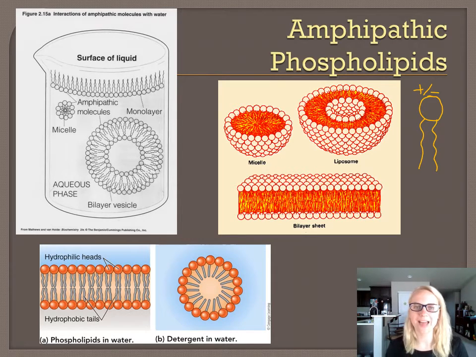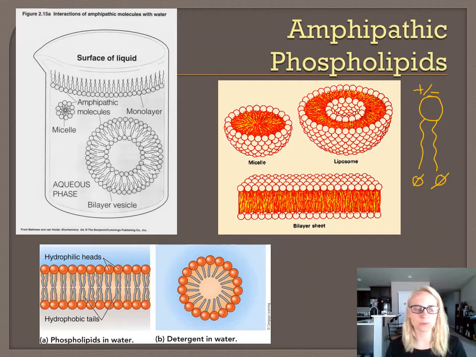And so that makes that end of the molecule polar. Whereas the fatty acids are nonpolar, because if you remember, when you just have a hydrocarbon chain, carbon and hydrogen, both of those have the same electronegativities, and they're going to have nonpolar covalent bonds. So we don't have any charge on that end.